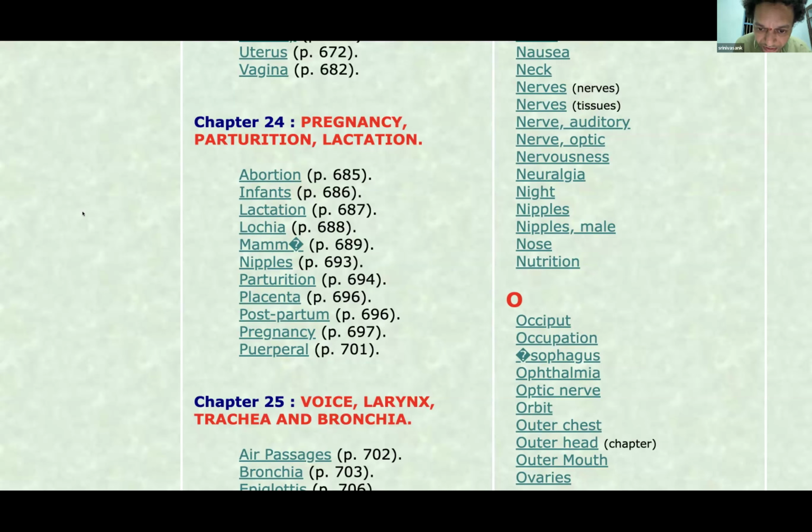I can go to the hearing guiding symptom, verify that symptom, verify that rubric, confirm the context, meaning, and relevance, then I will prescribe. Advantage number three, all the symptoms and rubrics are already clinically verified by trustworthy homeopaths across the world. So they are confirmed symptoms, not only proving symptoms, but clinically confirmed also.